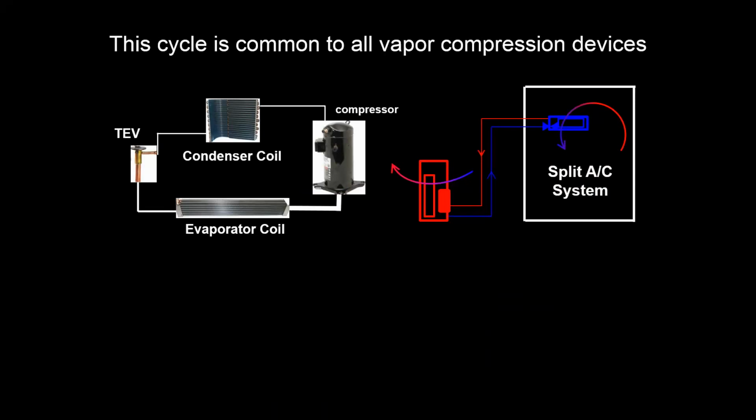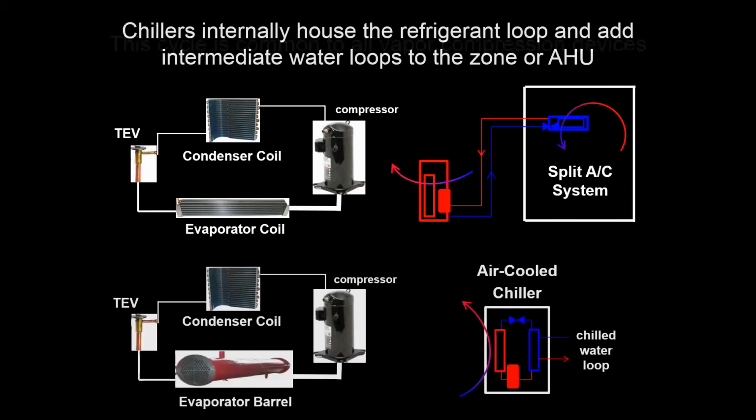So this is going to be a cycle that is common to all vapor compression devices and systems. And chillers, as we said, are internally housing this refrigerant loop. So when we look at a DX coil, it's a split system. Half the refrigerant loop is inside the space, half of it is outside the space. But in a chiller, that loop and those four main components all sit inside the piece of equipment that we call a chiller.